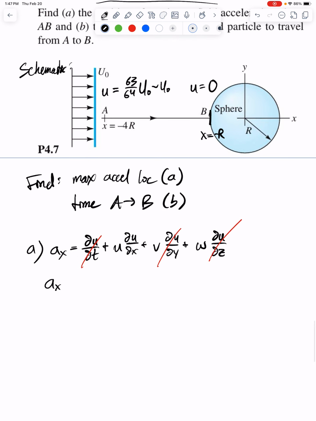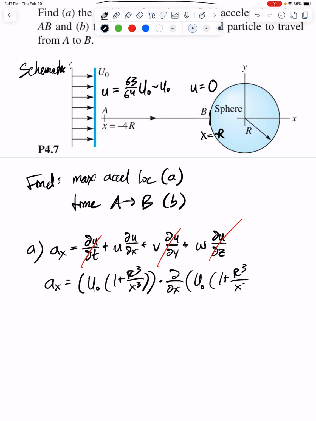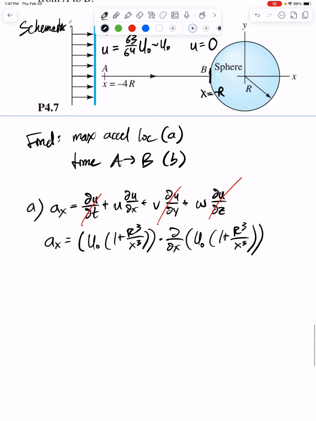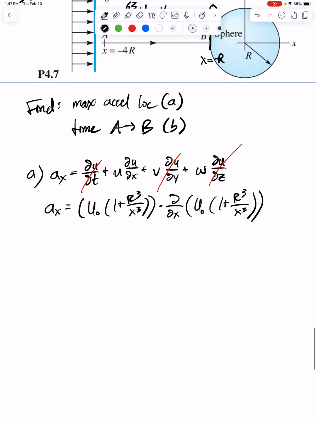So the acceleration formula is u, so u naught times 1 plus r to the power of 3 over x to the power of 3, times the x derivative of u naught times 1 plus r to the power of 3 over x to the power of 3. The x derivative of r to the power of 3 over x to the power of 3 gives me negative 3 times r to the power of 3 divided by x to the power of 4. That's what happens when I take the derivative.